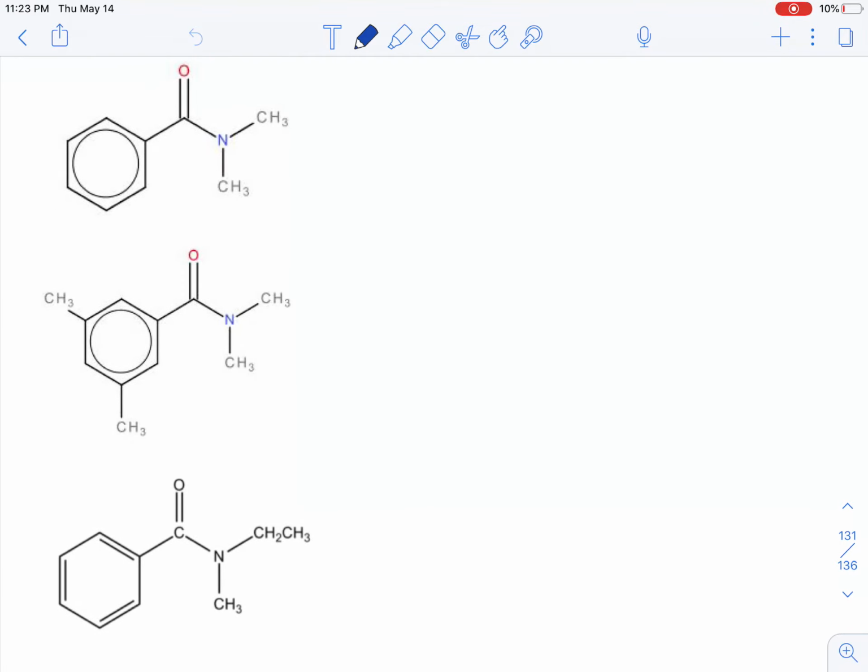And so just to verbally say it, this first one is going to be N,N-dimethyl. And then this is going to be benzamide. I'm sorry, not benzanamide, benzamide.